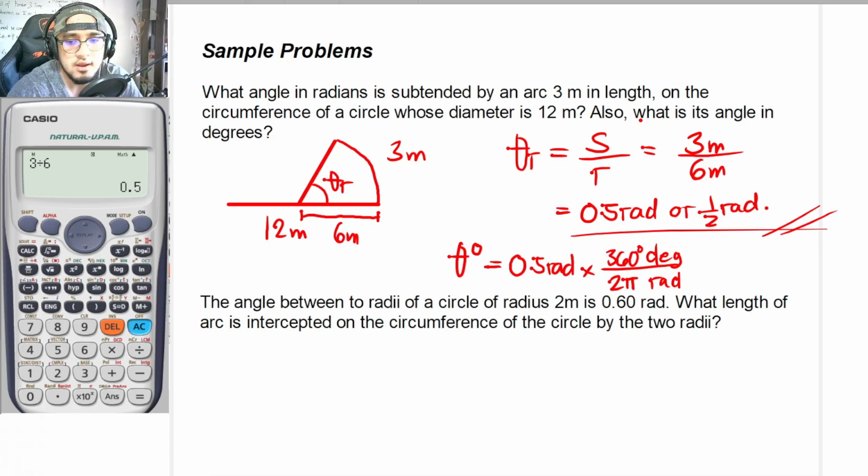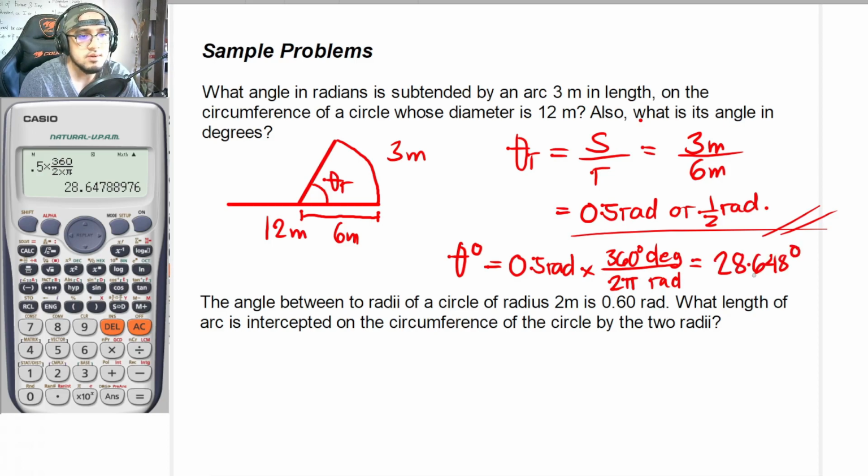So looking at the calculator once again, 0.5 radians, we would just be multiplying this by 360 degrees divided by 2 times pi. So 0.5 radians, 360 degrees divided by 2 pi. With that, our angle here is now to be equal to 28.648 degrees. So this is now to be our answer for the follow-up question.